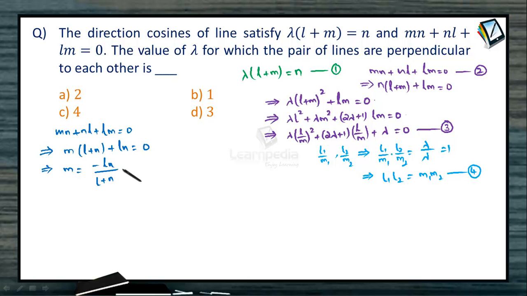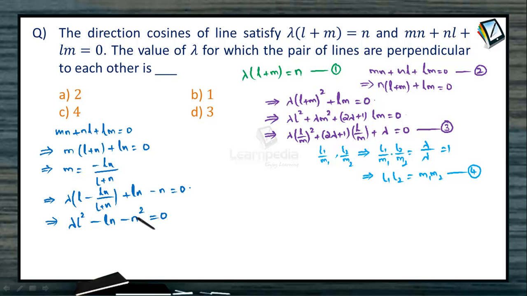Now this value of m, when we replace it in the first equation, what do we get? We get lambda times l, in place of m we are replacing minus ln by (l plus n), plus l minus n equal to 0. Now when we convert this by taking LCM into a quadratic equation in l and n, what do we get? We get lambda times l square minus ln minus n square equal to 0.